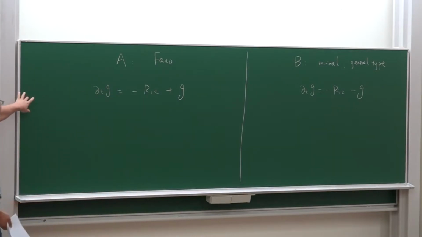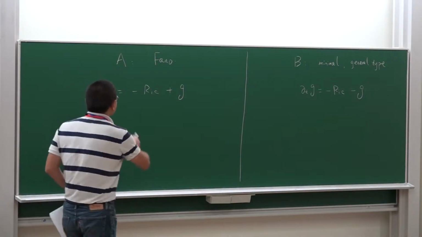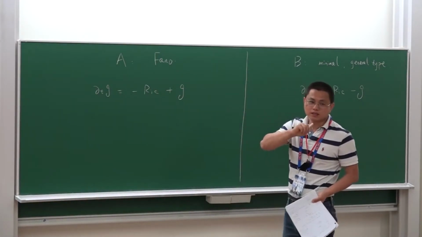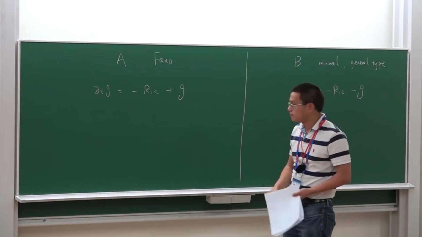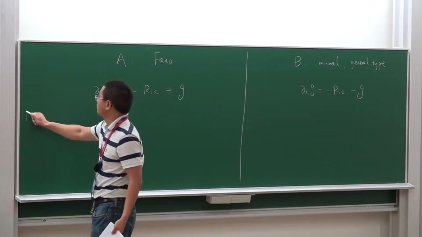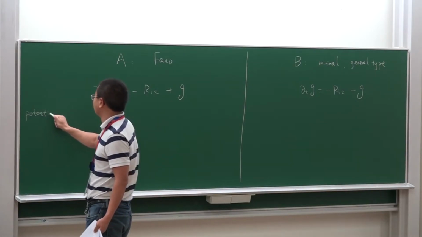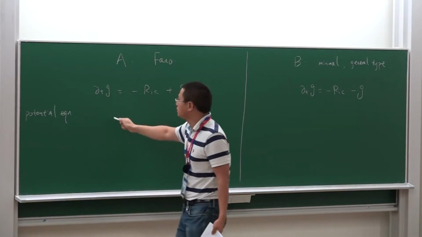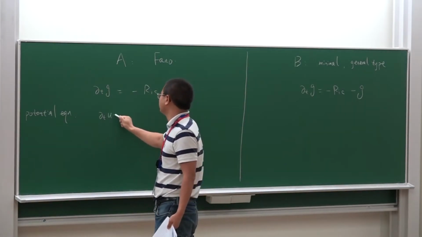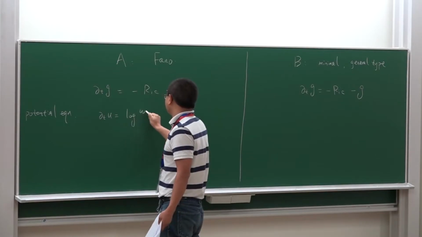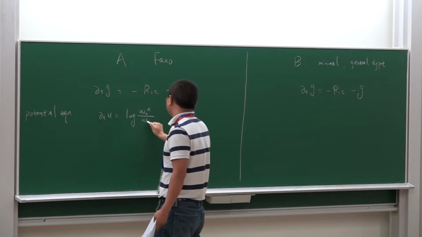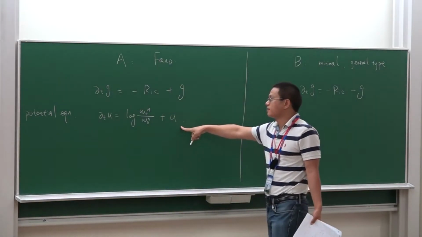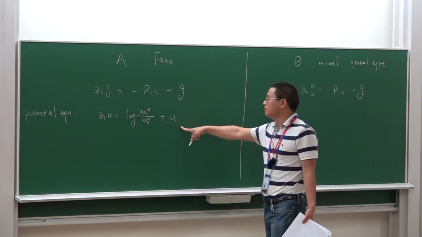You can also see the similarity between these two flows by considering the evolution equation at the potential level. The equation of the potential is ddt of u equals log omega t to the power n over omega 0.